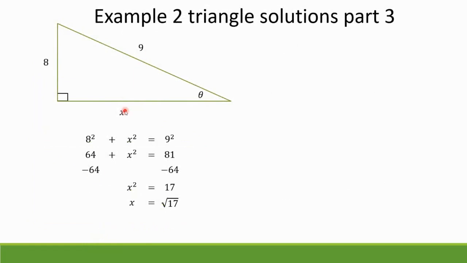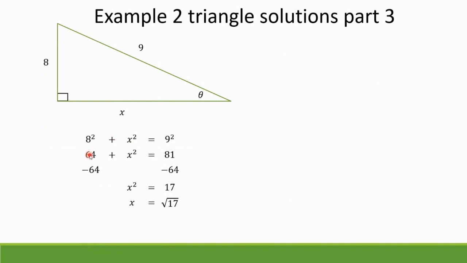So we have 8 squared plus x squared is 9 squared. You could write it as x squared plus 8 squared equals 9 squared. Essentially you'd be adding them the other way around, but that's okay, because you can add two numbers any way you want.